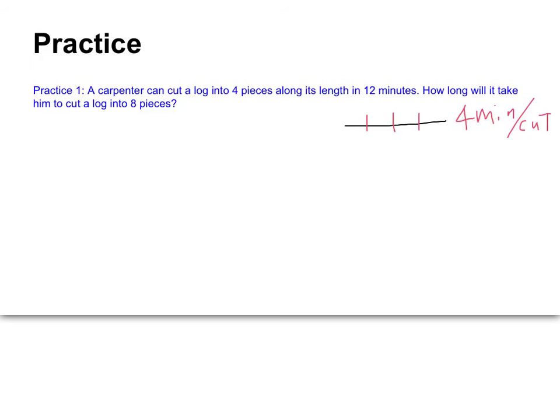And now I have a log that I want to cut into 8 pieces. So how many cuts do I need to make 8 pieces? You see that we need 7 cuts. 1, 2, 3, 4, 5, 6, 7.